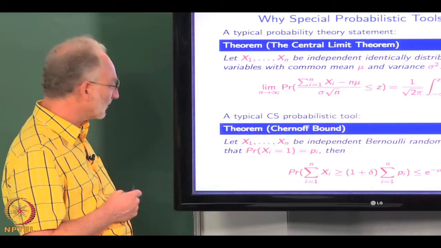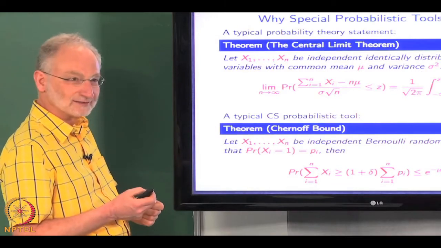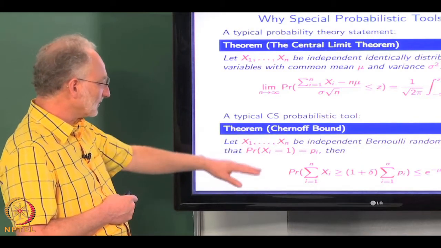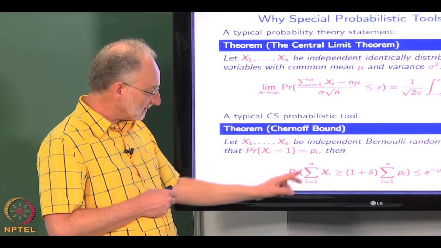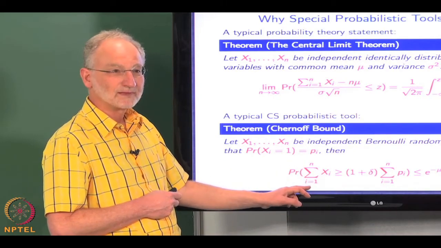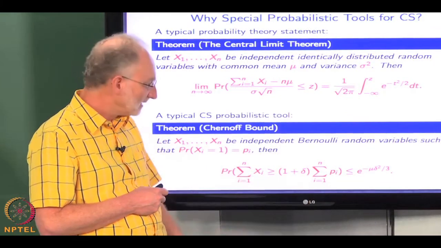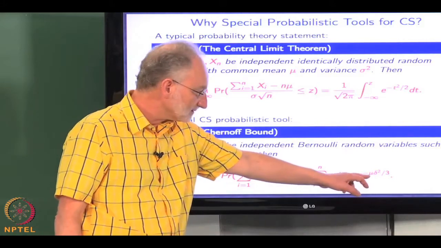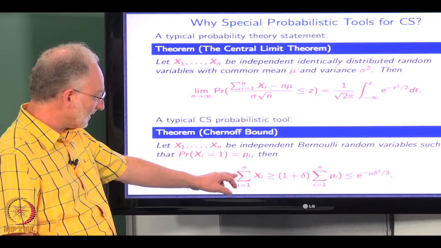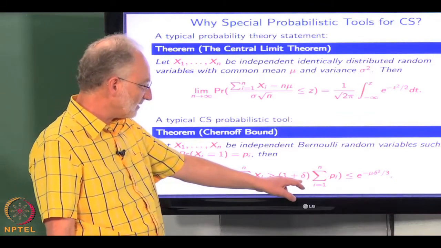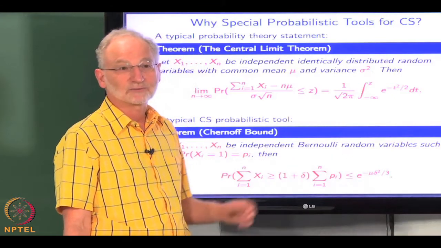and the contrast to the central limit theorem, here we're going to say, if I have n independent Bernoulli random variable observations, and they're identically distributed and the probability of each of them being 1 is pi, then the probability that the sum of them is far from the expectation of the sum, or maybe better to normalize it, the probability that the average is far by delta from the expectation of the random variable, goes down exponentially with n.